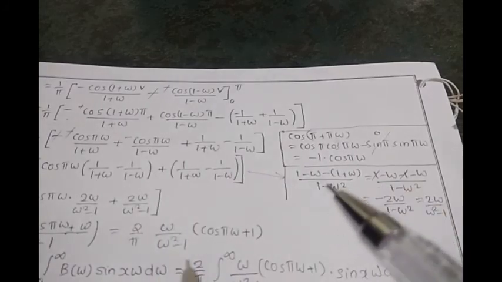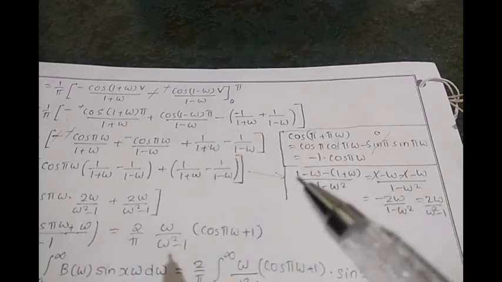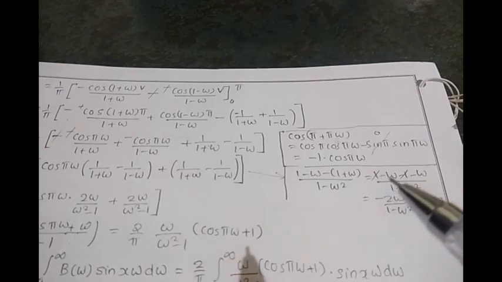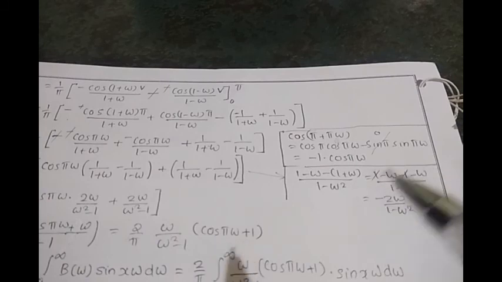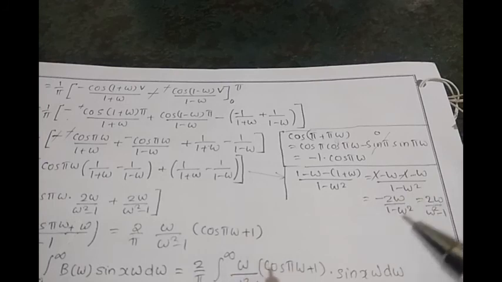Cross multiplying, 1 minus omega minus 1 into 1 plus omega, then opening the bracket, 1 minus omega minus 1 minus omega, cancelling minus minus. So this one is minus 2 omega by 1 minus omega square. Taking the opposite to cancel the minus, it is 2 omega by omega square minus 1.